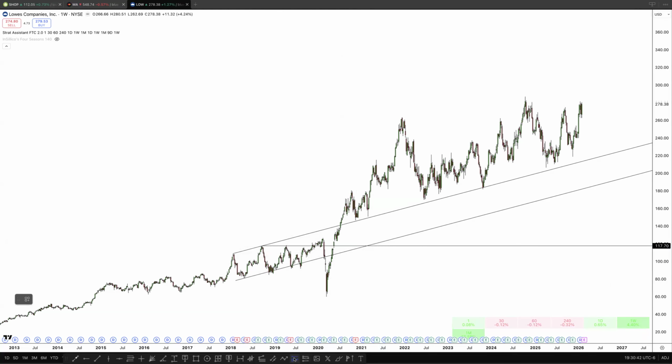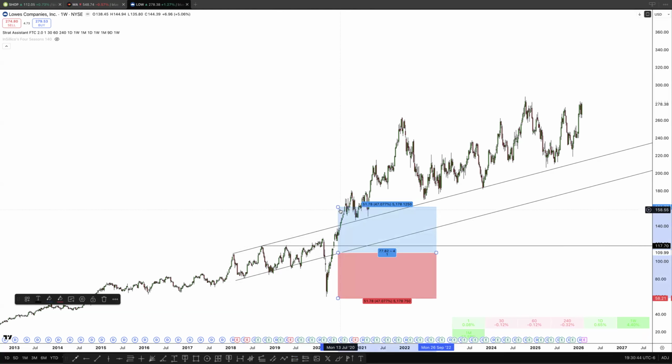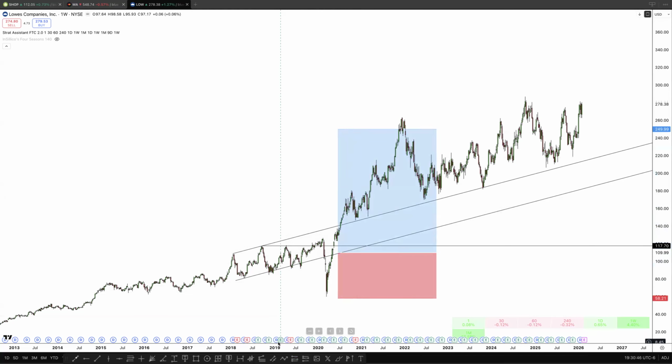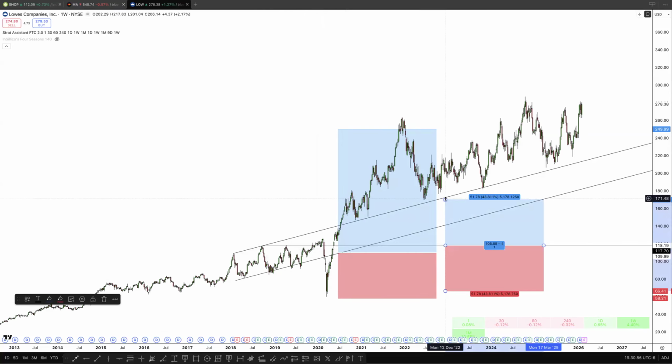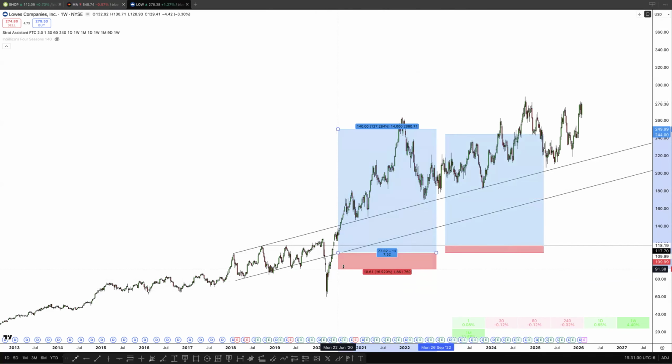So there's two ways you can enter: at the start of the trend line, or at the break of that high. Both are good entries. The best entry is the trend line, but the second best entry is the break of the high.